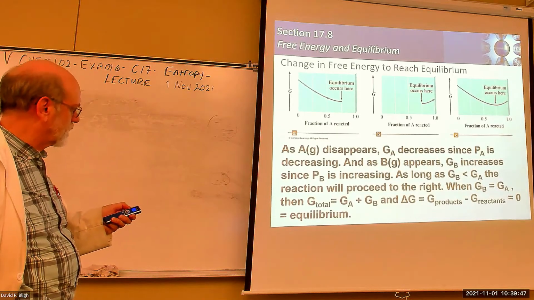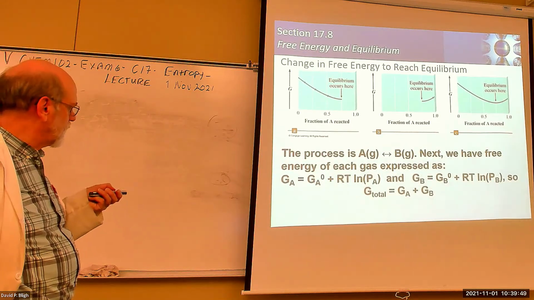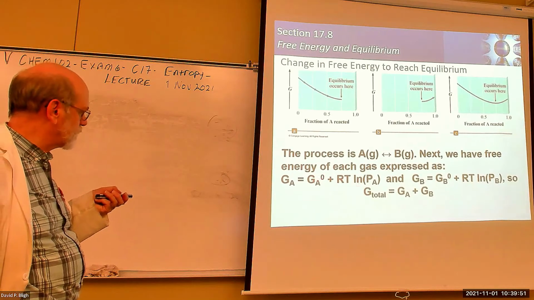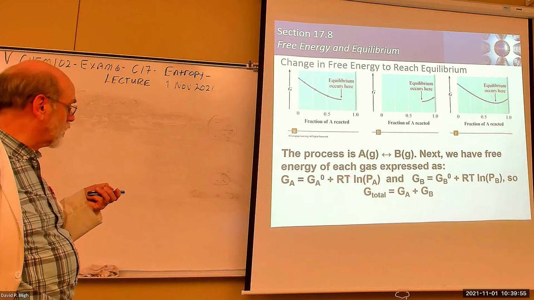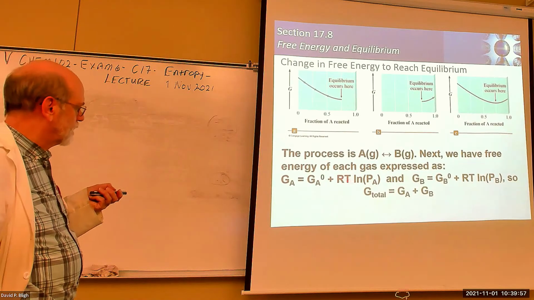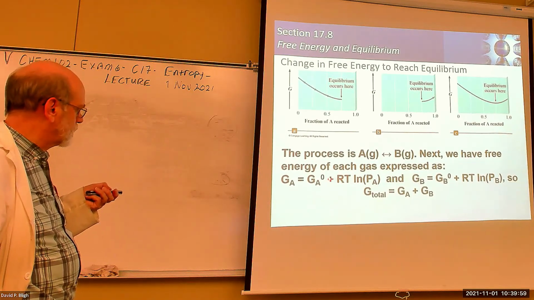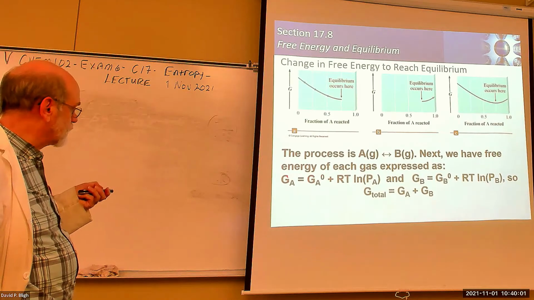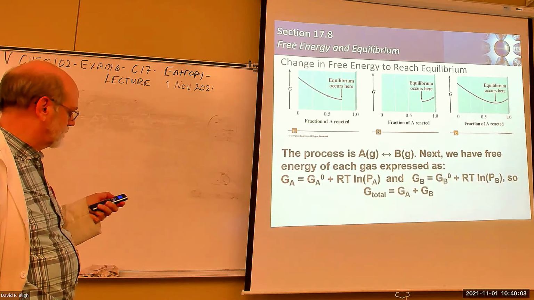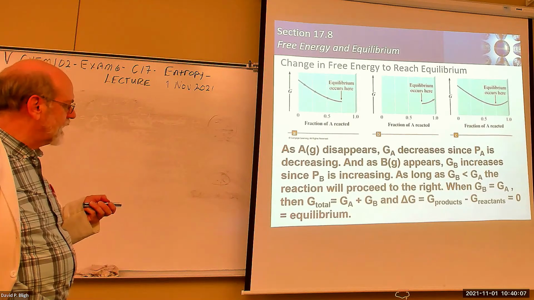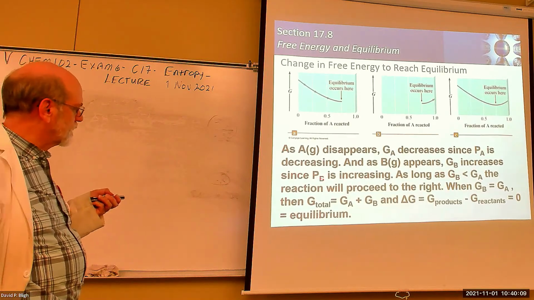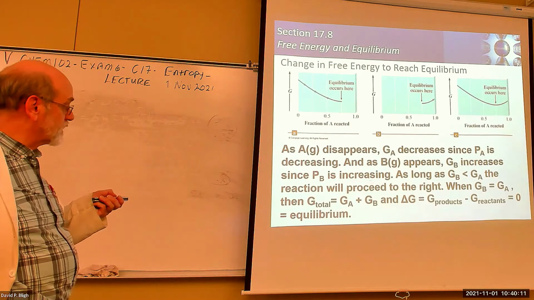Let's go back. If gas A disappears, the pressure gets lower and lower and lower here, then that value makes this total less and less and less. And as B increases, pressure of B is increasing.